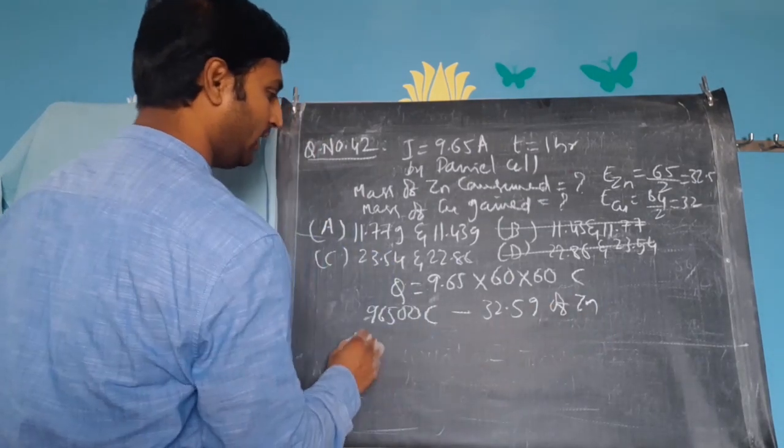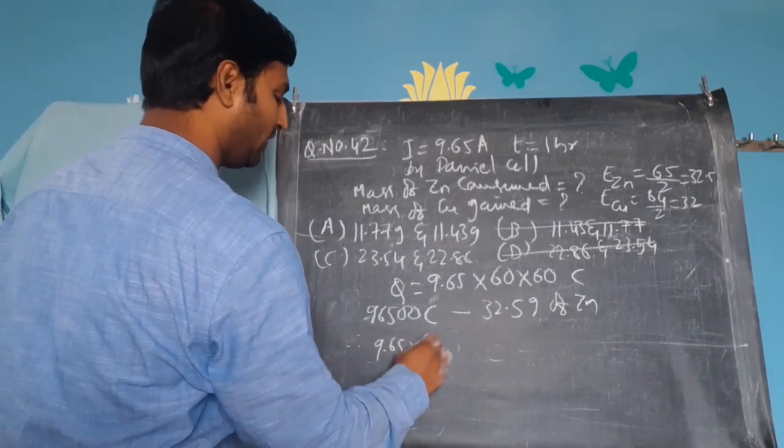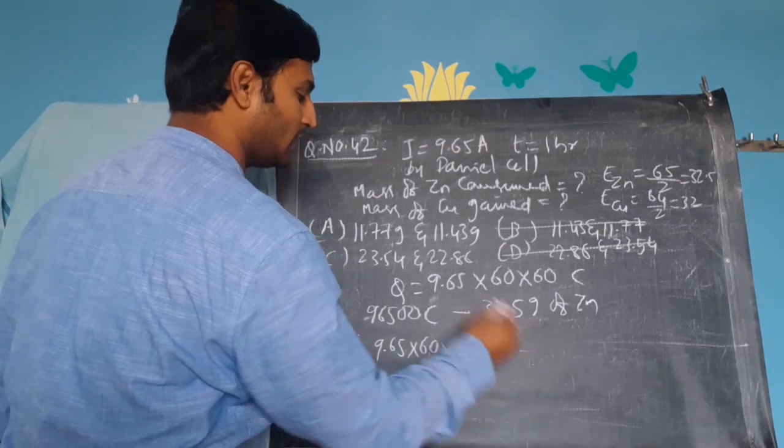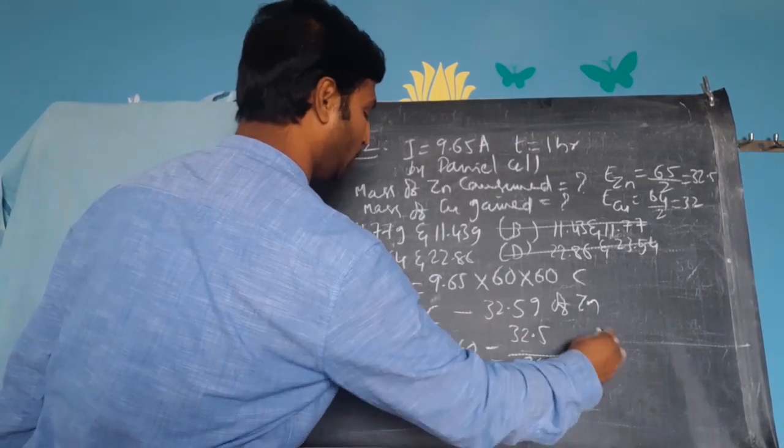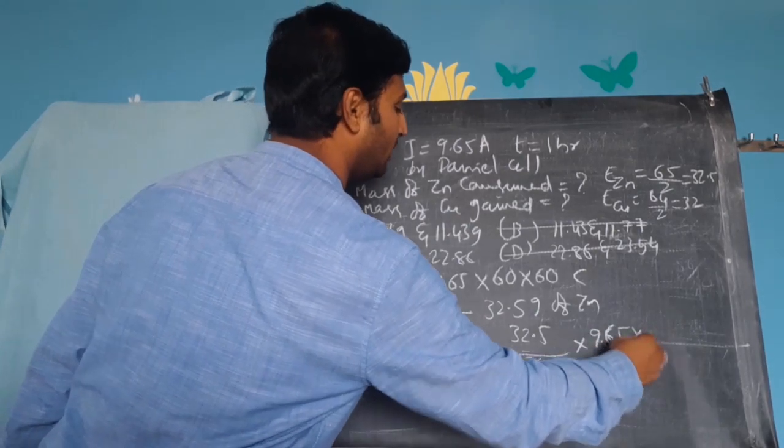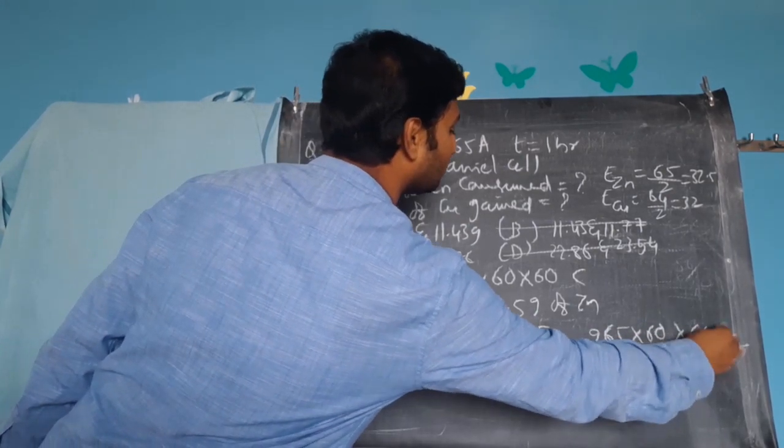Therefore, 9.65 into 60 into 60 coulombs would consume how much? 32.5 by 96,500 into 9.65 into 60 into 60.